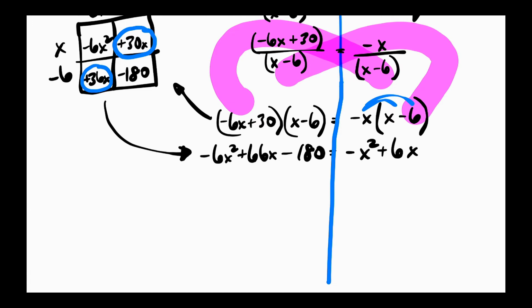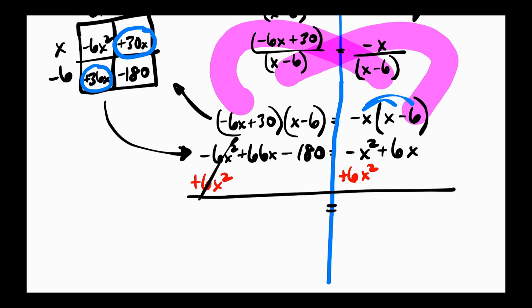Okay? So knowing that, I'm going to choose to add 6x squared to both sides, because then that's going to make A positive. Because over here, it's going to be 5x squared. Is it wrong if you did it the other way? You added x squared? No, it's not. You would just get negative 5x squared.